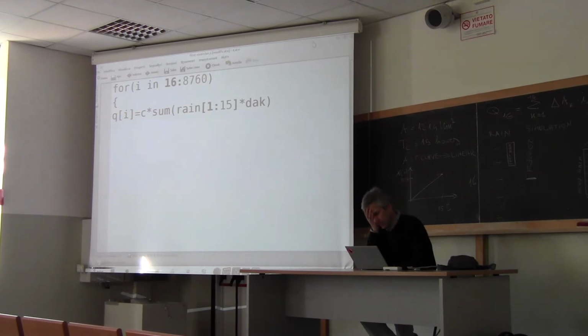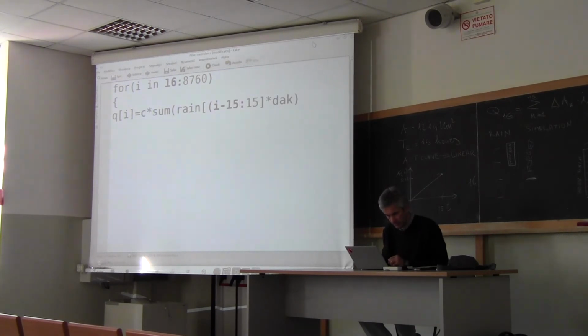So basically, we start from 16, and okay, I think it's just enough here to write I minus 15, and here I, no, not I minus 1. Should work in this way. And then we need to close the parentheses.